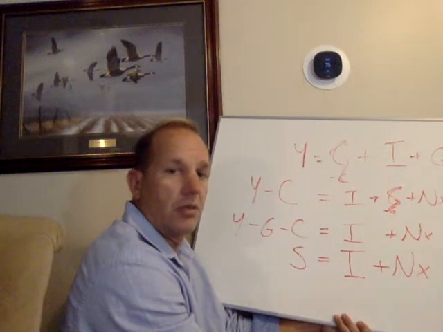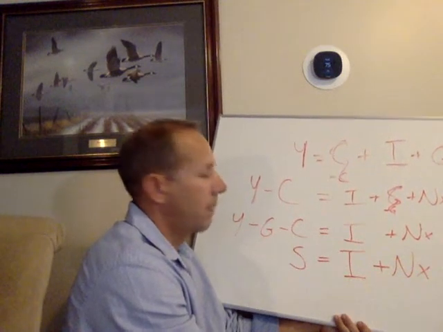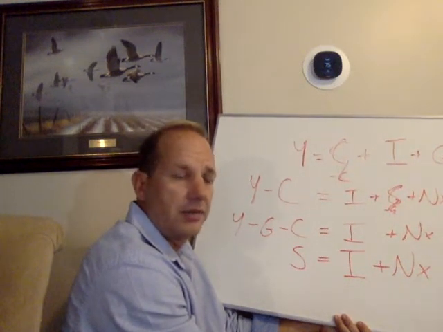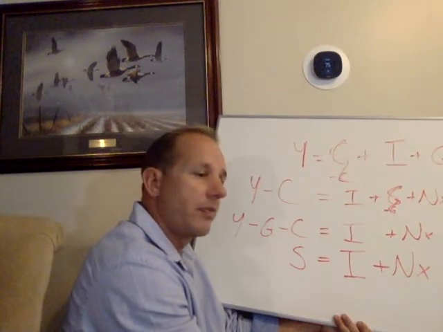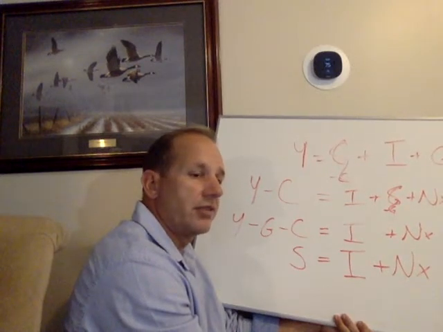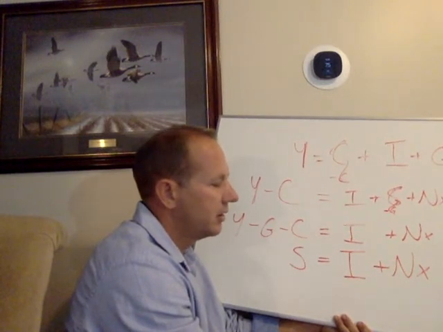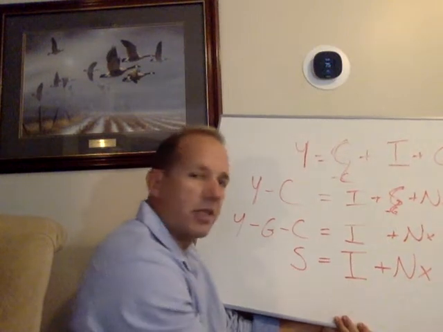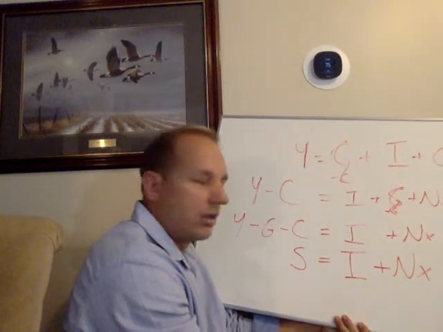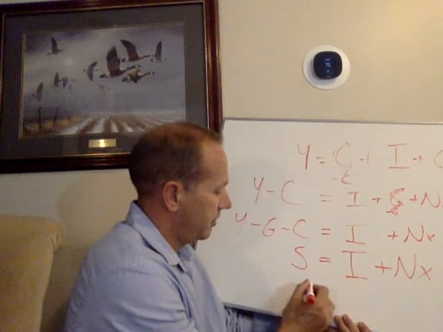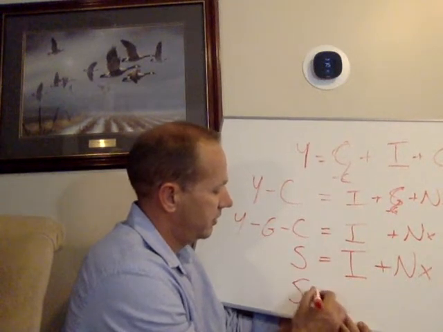Okay, one more step to go. We've already said, because of the identity and because of the way the money goes when we export or import, net, that NX is equal to NCO. So I could rewrite this again with my S over here.